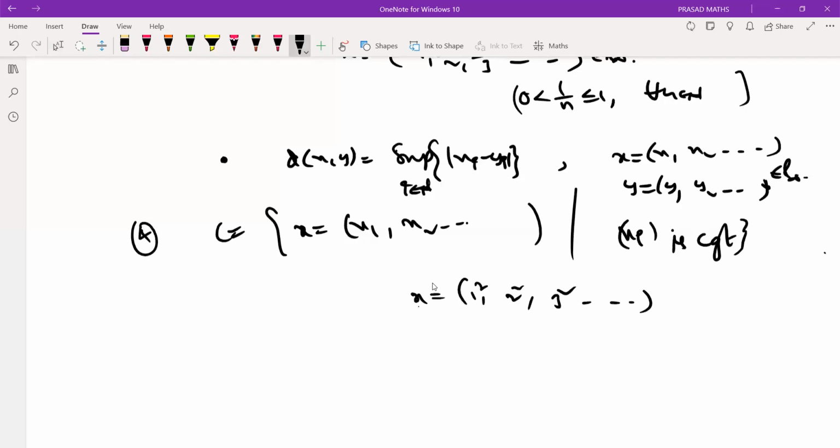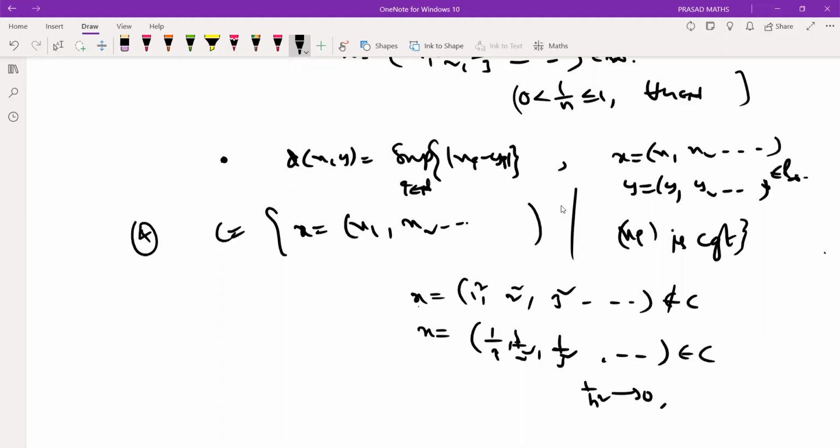No, because it's not bounded, therefore it's not convergent. It's not an element of C. Suppose you take 1 by 1 square, 1 by 2 square, 1 by 3 square going on, 1 by n square, so it converges to 0, therefore it is an element of C. Why? Because 1 by n square tends to 0 as n tends to infinity, so it is a convergent sequence.